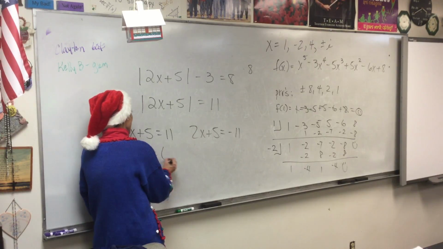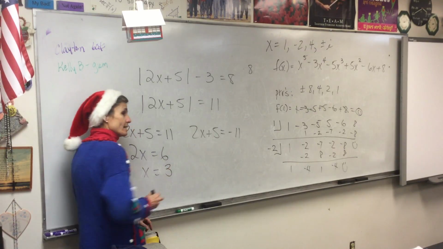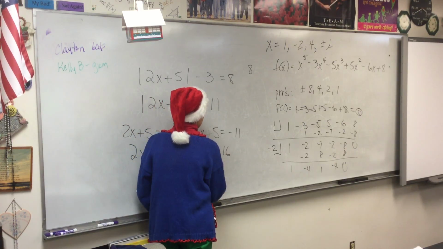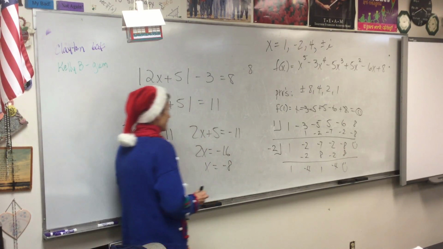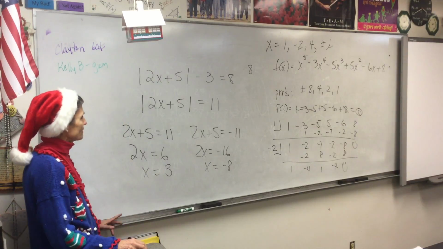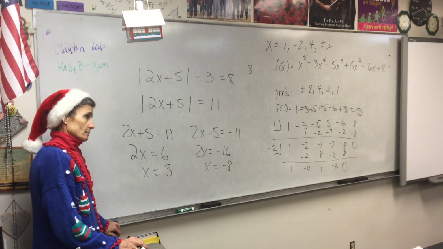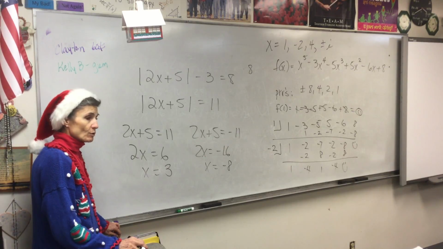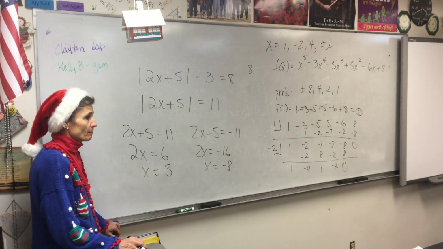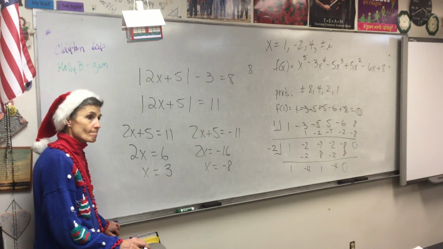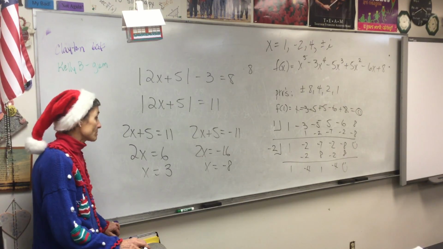So 2x equals 6, x equals 3. 2x equals -16, so x equals -8. So you get a couple of different answers. That's one way of doing that problem. So if that's the way you remember, then that's what you'll do. Is the answer both of those, or do you have to pick? The answer is both of those.